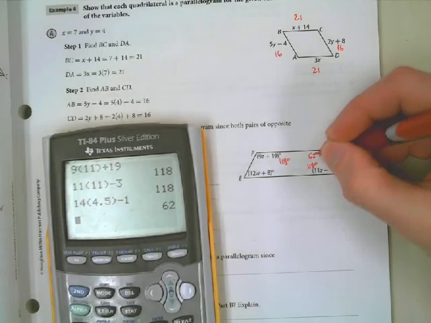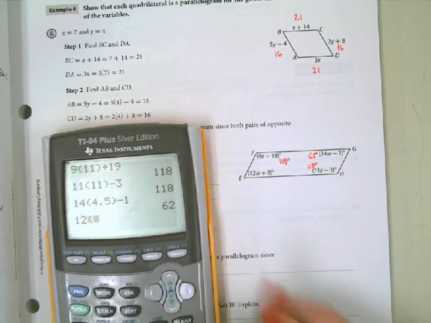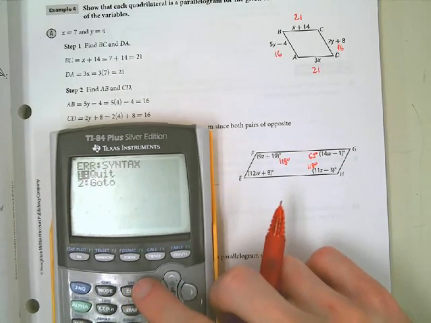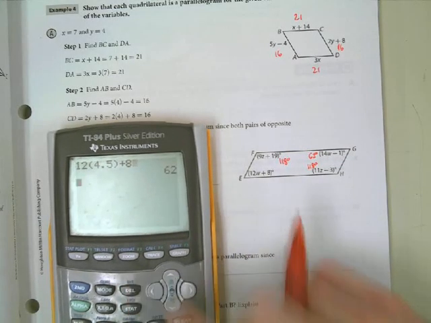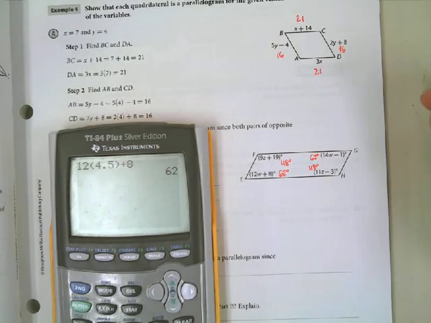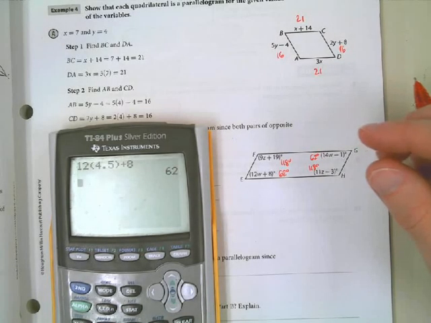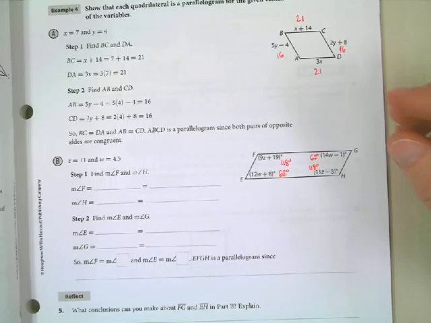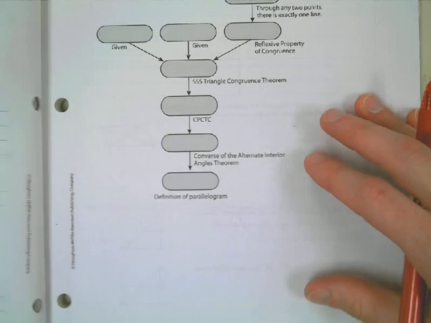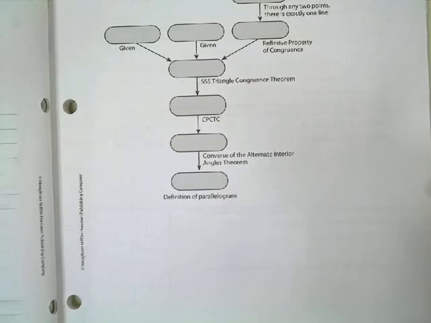And 12 times 4.5 plus 8 is also 62 degrees. So is this quadrilateral a parallelogram? Yes, because opposite angles are congruent. Exactly right. And that's it.